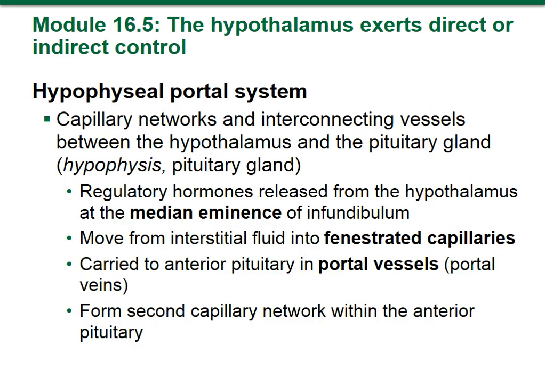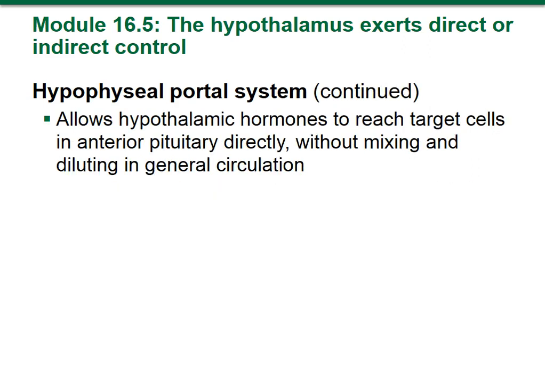So it's a pretty complex network, but it's really small because keep in mind we're still talking about the pituitary gland, which is really, really small. It allows the hypothalamic hormones to reach the target cells in the anterior pituitary directly, and it does that without mixing and diluting in the general circulation. And that's kind of important.